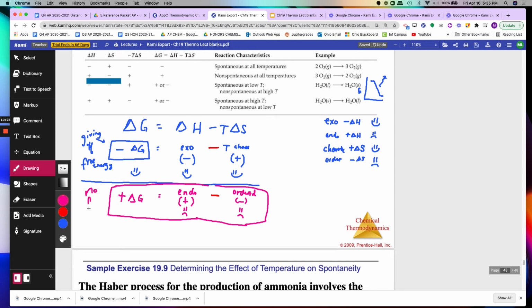This will tell us a little bit about our reaction. If there is free energy, this reaction will be spontaneous. That means it'll just happen on its own, not have to do any work, and it's actually going to give us work. If it's got no free energy, it is non-spontaneous.